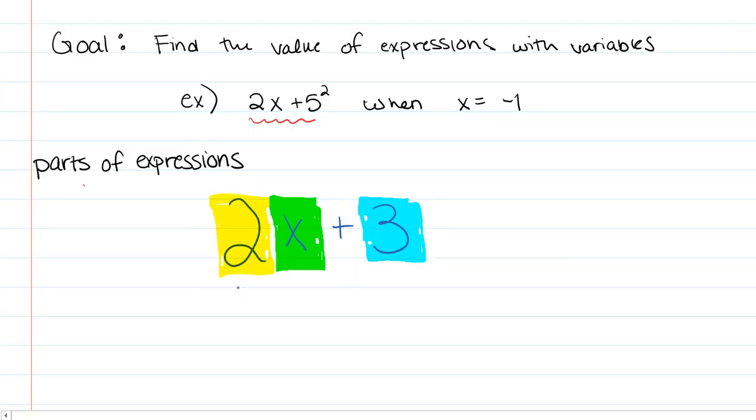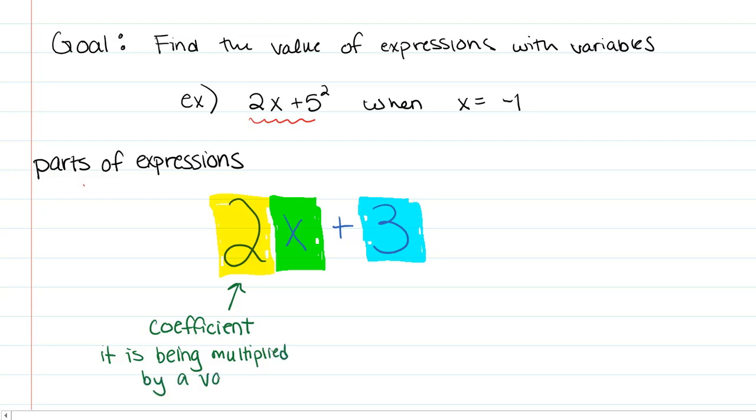The names of them, the 2 is a coefficient, and the reason for that is because it is being multiplied by a variable. And that should give us a clue as to what x is. We call that a variable. It is an unknown value.